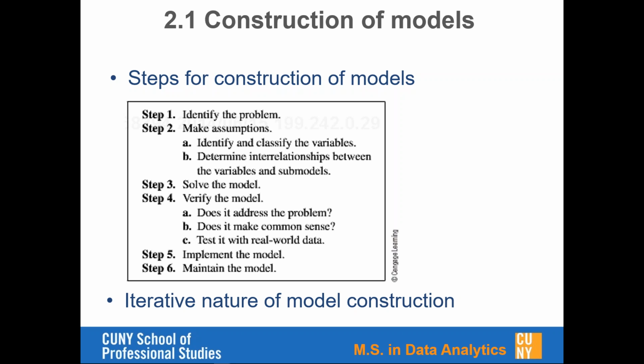Does it make common sense? Test it with real-world data, and then implement the model and try to maintain the model. It's an iterative process. So from step 2 to step 5, it's always a back and forth process. It's never a simple one-way street where you would be able to solve the problem just through one direction.